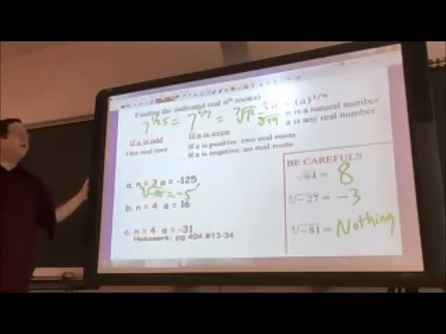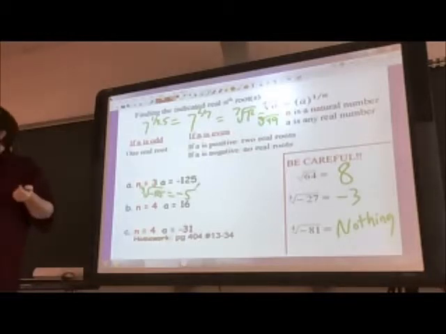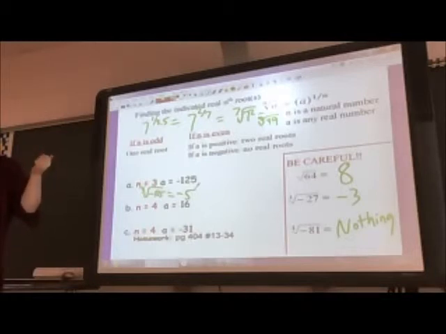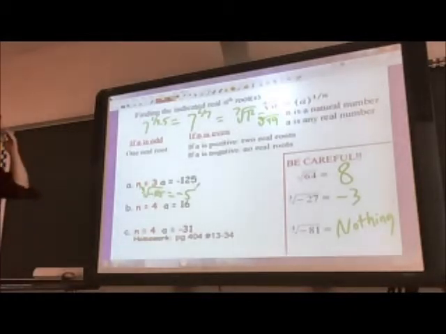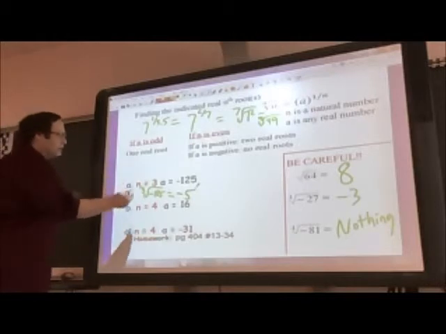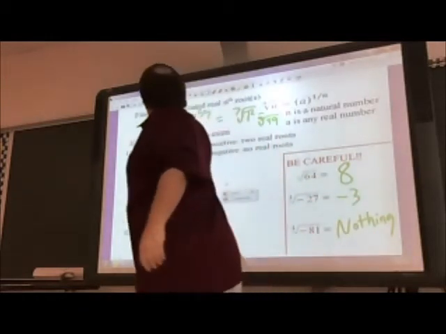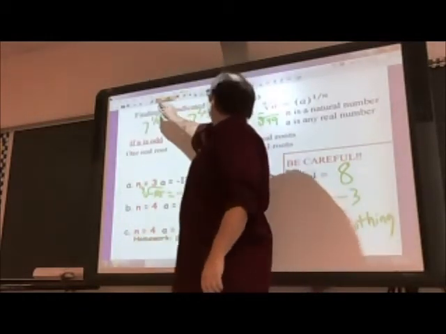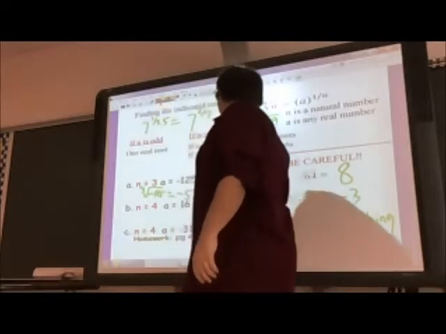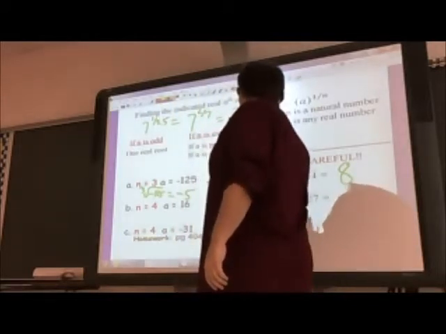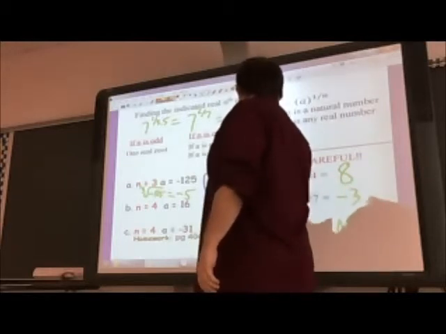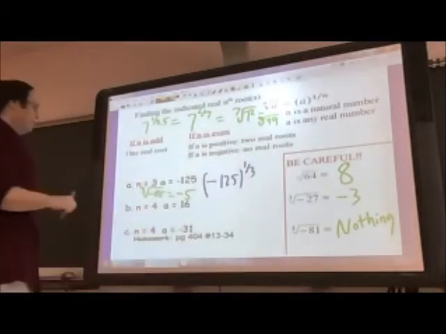The main cube roots you want to remember are 1, 8, 27, 64, 125, and 216. That's up to 6. So you want to type those in your calculator and remember those because they'll come in really handy. This can also be written as negative 125 to the 1/3 power. It's the same thing.